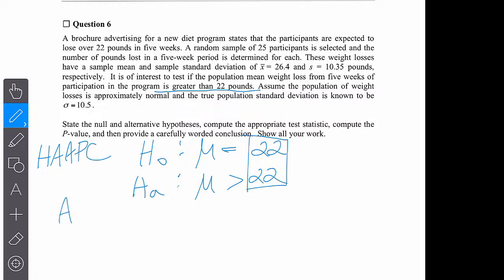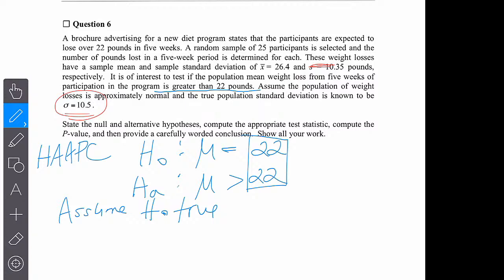Now I can assume H naught is true. If H naught is true, then notice, because I've been given sigma, I don't need to use this S here, okay? Sigma is preferred to S because it's the true one.